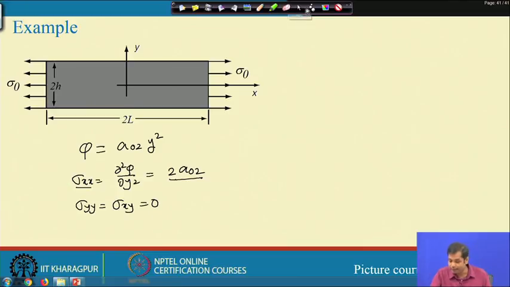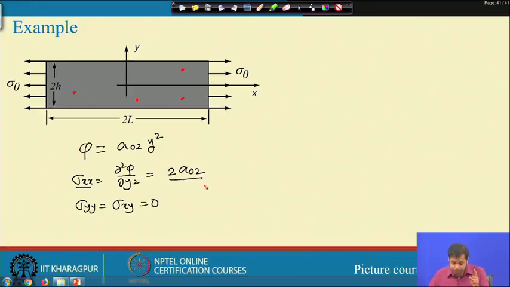Now, this is constant, and this expression is true for any x and any y. So, if you take a point here, or a point here, the expression of sigma xx is this, and this expression tells you that the stress is constant everywhere.